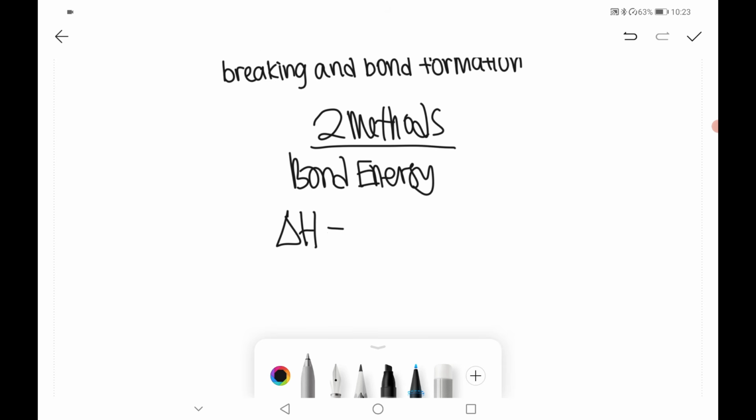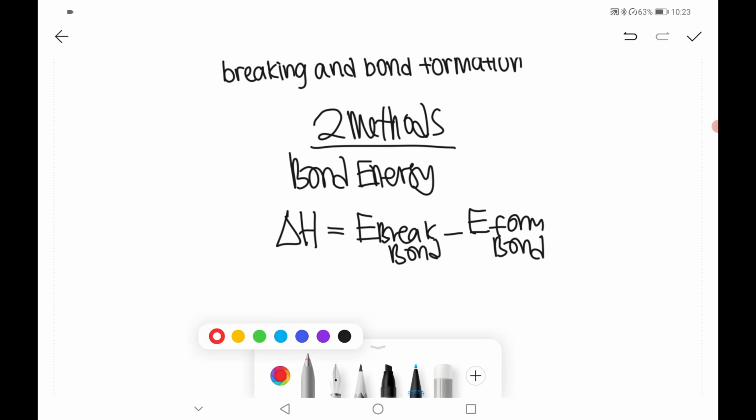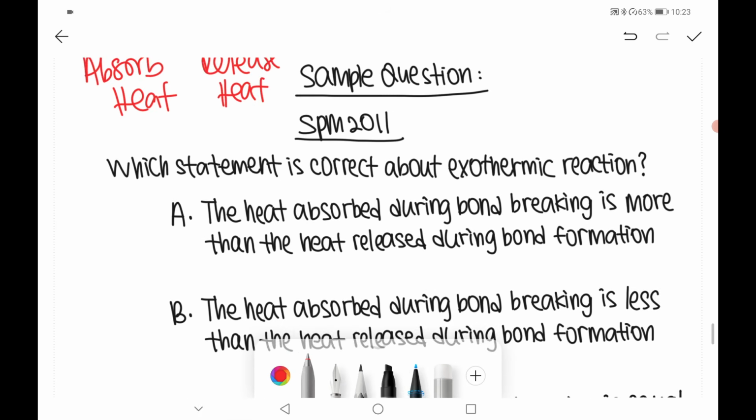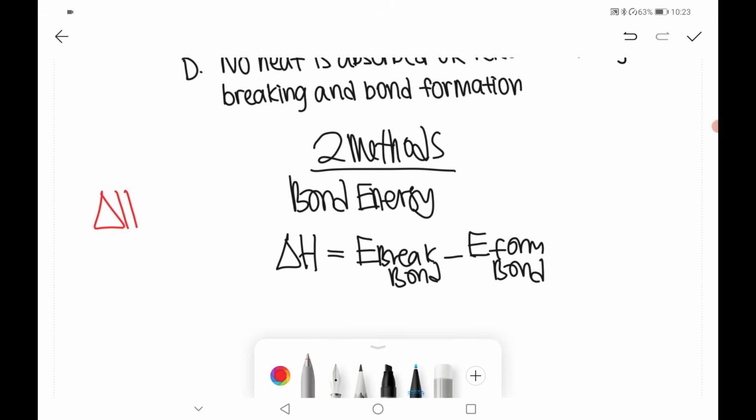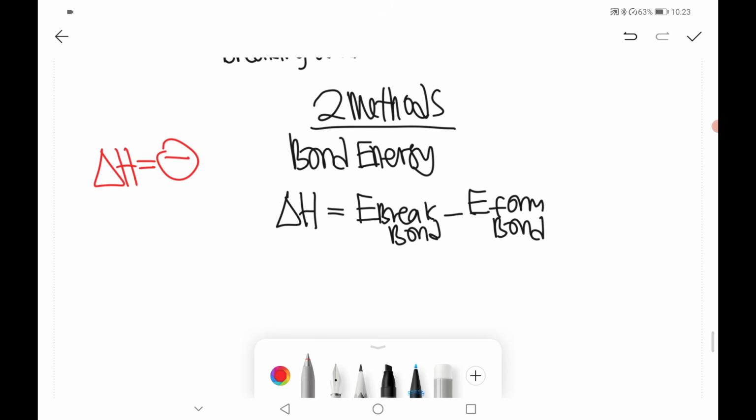Delta H is equal to the energy to break bond minus the energy to form bond, right? Now they want an exothermic reaction. Exothermic reaction means the delta H must be negative.